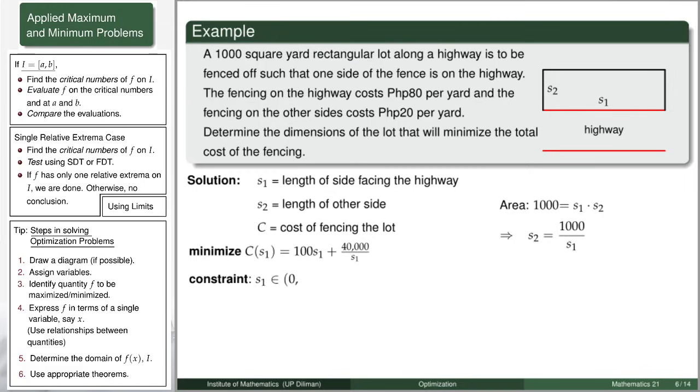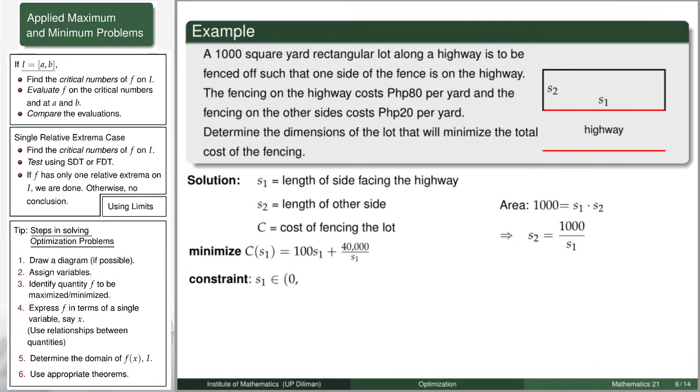As you may see, if I make S1 bigger, it can just become big and big and big. And the only constant here is 1,000. So when S1 becomes big, S2 will become small. And since we can do this over and over, there is no definite way to do it with this type of mindset. So what I will be doing is the other way around.